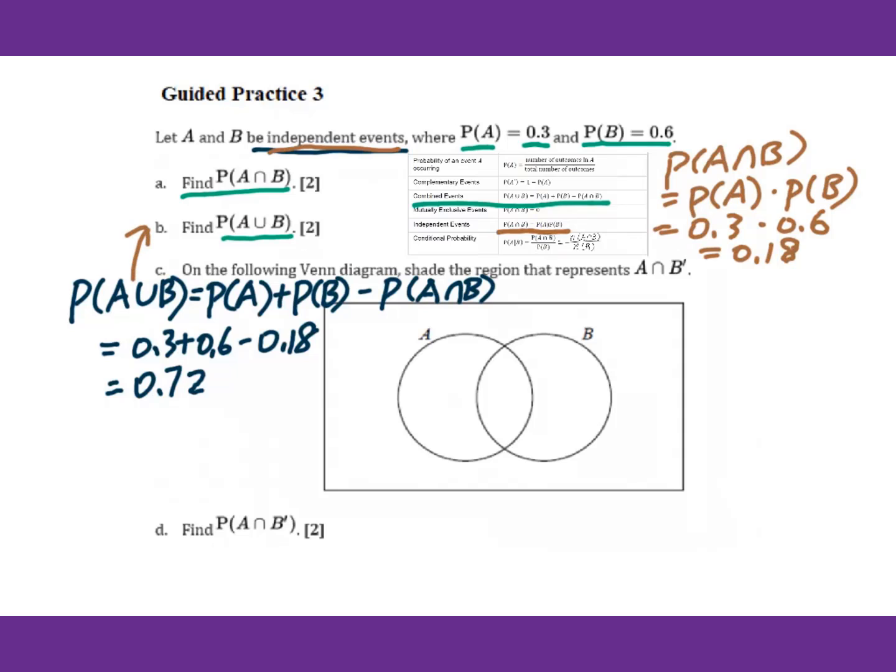Look at part C. On the following Venn diagram, shade the region that represents in A but not in B. That means this region.